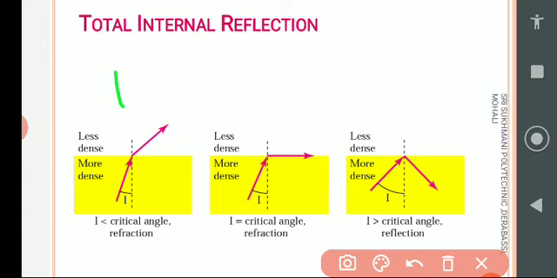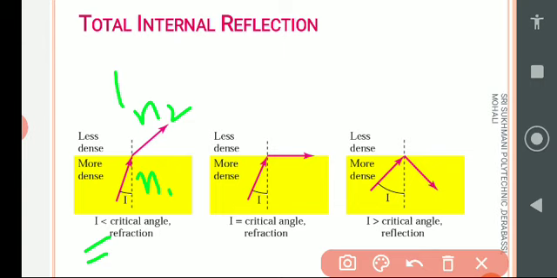The more dense medium has refractive index N1 and the less dense has refractive index N2. So when the angle is less than the critical angle, the light will go into the cladding portion and it becomes a refracted ray.